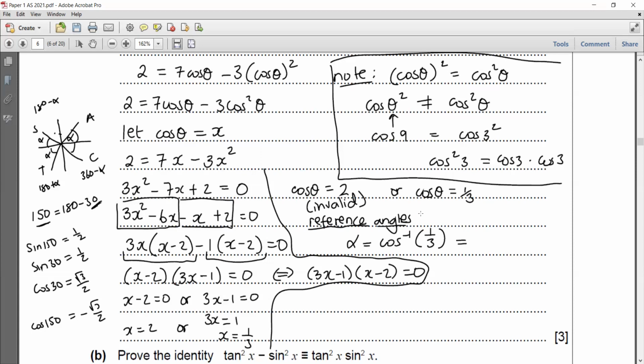So cos inverse of 1 over 3 is 70.5 degrees. So I'm writing it to 1 decimal place as required in the instructions.